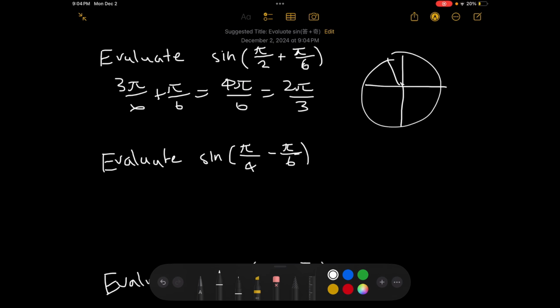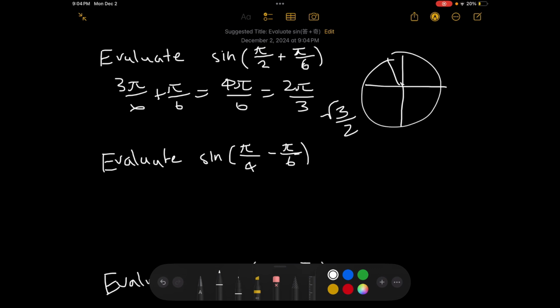And I know that this angle is a multiple of pi over 6, which means that the lengths are the ratios of the side lengths for sine and cosine of a 30, 60, 90 triangle. So for sine, this would be just root 3 over 2.